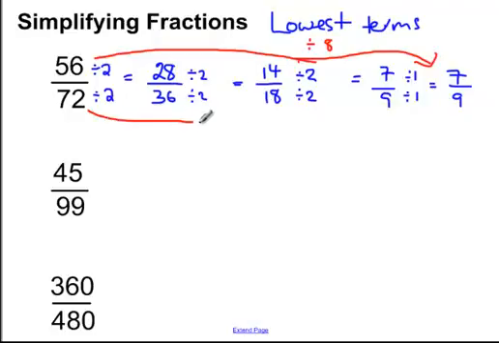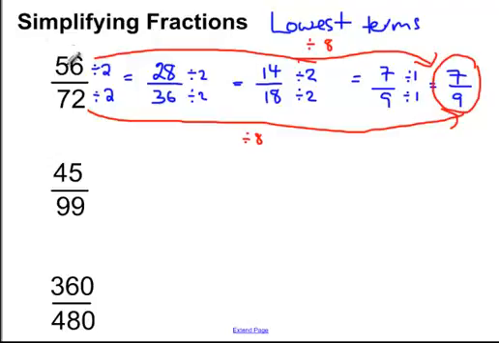And if I divided the denominator by 8, I would get 9. So right away I could have got to my answer, 7 over 9. But it doesn't matter, whichever way works for you, you can do. So 56 over 72 is the fraction 7/9.